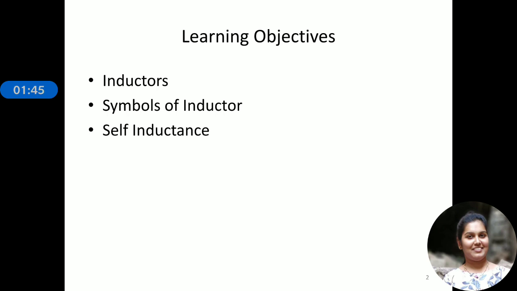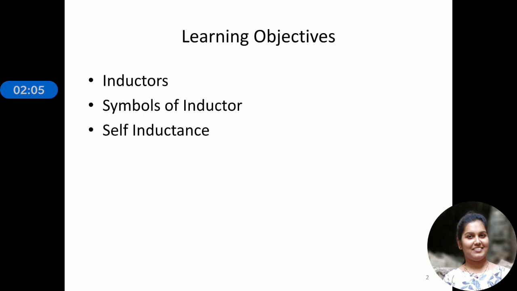Okay, so here we see a coil of wire in which when current flows through that coil, because of the current flowing, magnetic property can be observed, and that we call it as inductance.